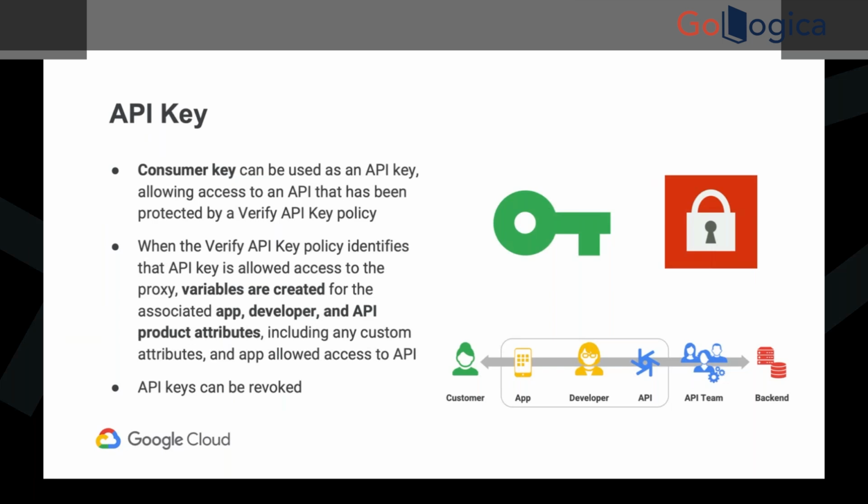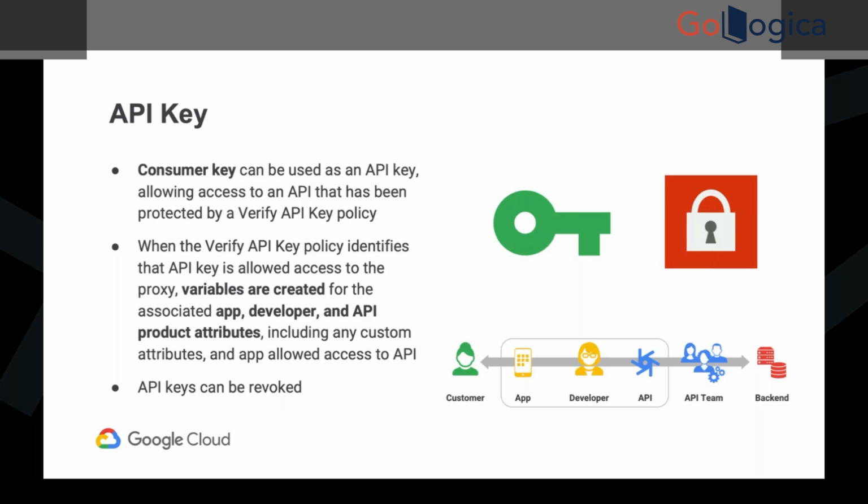Then it will automatically populate all the app related information, developer related information, everything, in predefined variables. Those variables will have all the information about the associated app, associated developer, product, everything.